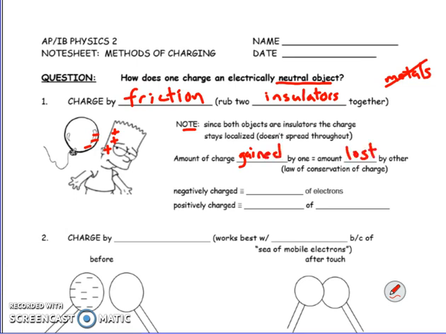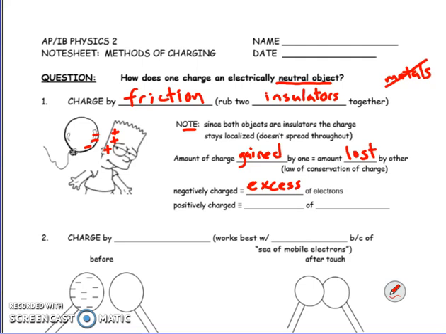It's nothing more than conservation of charge. And in terms of describing an object, if it's negatively charged, we say it has an excess of electrons, above and beyond the amount that is normally found in terms of equal numbers of positives and negatives. So if I have a neutral object, I might have 50 positives and 50 negatives. If I say something's -3, that means I have 3 above and beyond that.